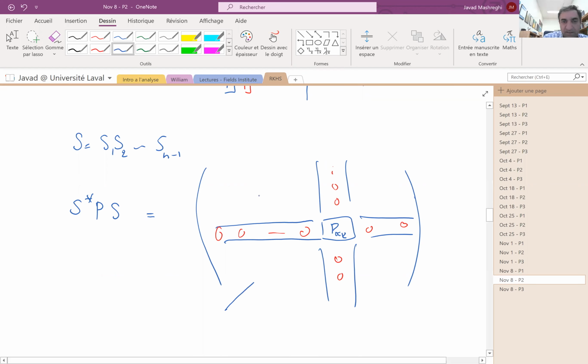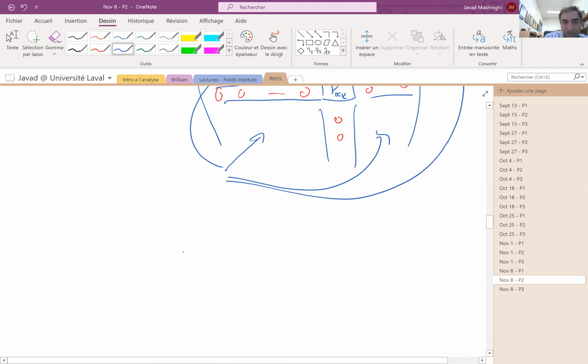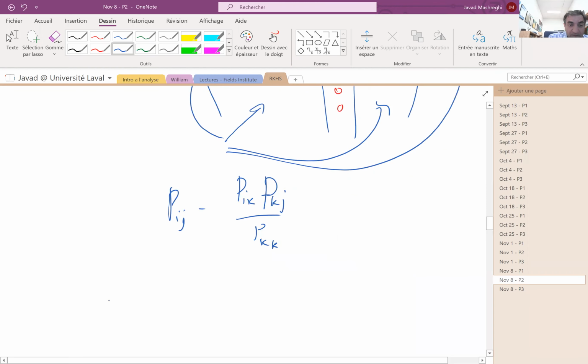The elements here in all 4 corners are Pij minus Pik Pkj divided by Pkk. So it's almost the matrix that we had before. And we know P positive implies that S star PS is positive. So this matrix is positive.